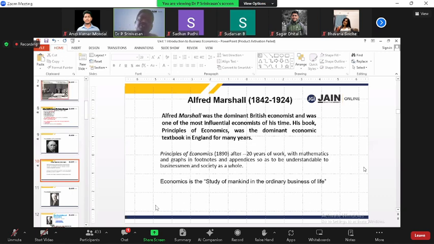Now I can ask, sir, what do you mean by welfare? Don't think that I have 1 crore in my hand but my health condition is very bad. No, I'm not talking about that welfare. Welfare here means, suppose you are a consumer.